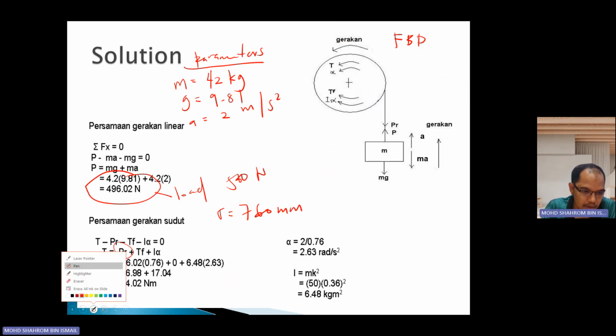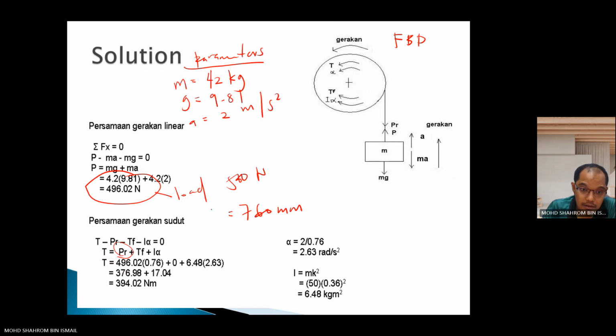Let me make it a better representation. R is 760 millimeter. TF for this case, torque friction, is equivalent to 0. In order to get alpha here we have 2 point, wait, let me just erase it.